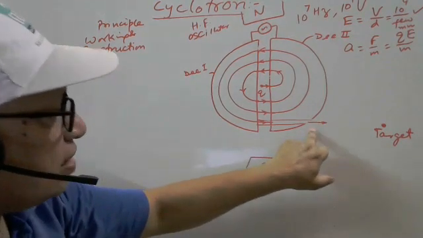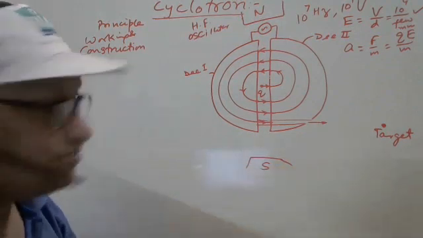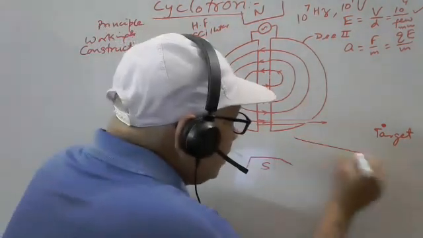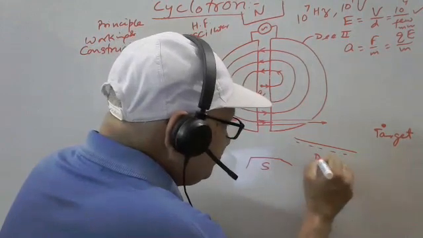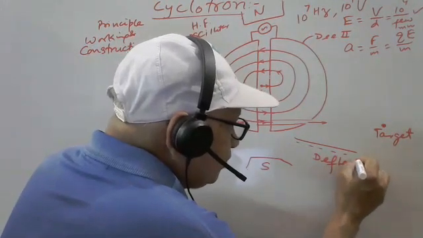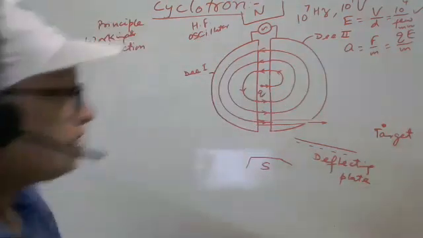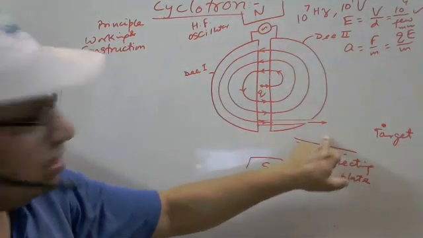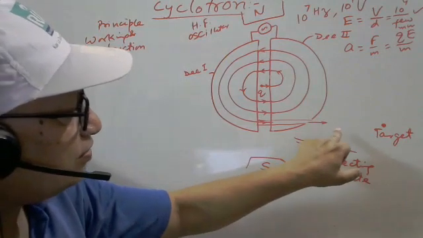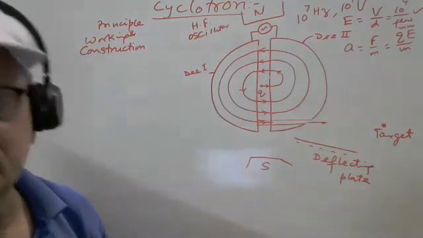So the charged particle may miss that target. What to do now? There is a deflecting plate here. By adjusting the deflecting plate, we can change the direction of the charged particle. And now with the adjustment like this, it will definitely hit the target.